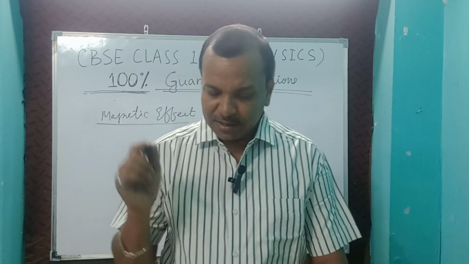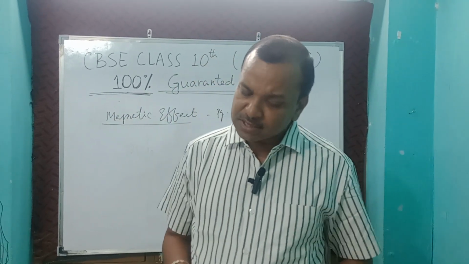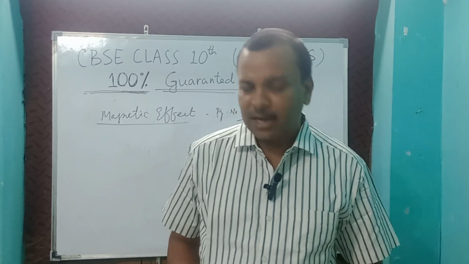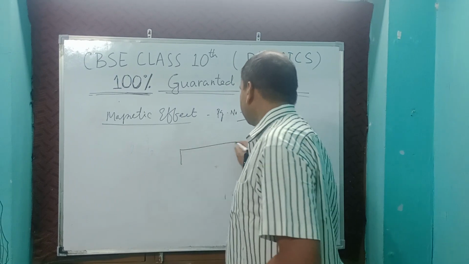Question number 3: Choose the correct option. The magnetic field inside a long straight solenoid carrying current. Solenoid versus bar magnet.